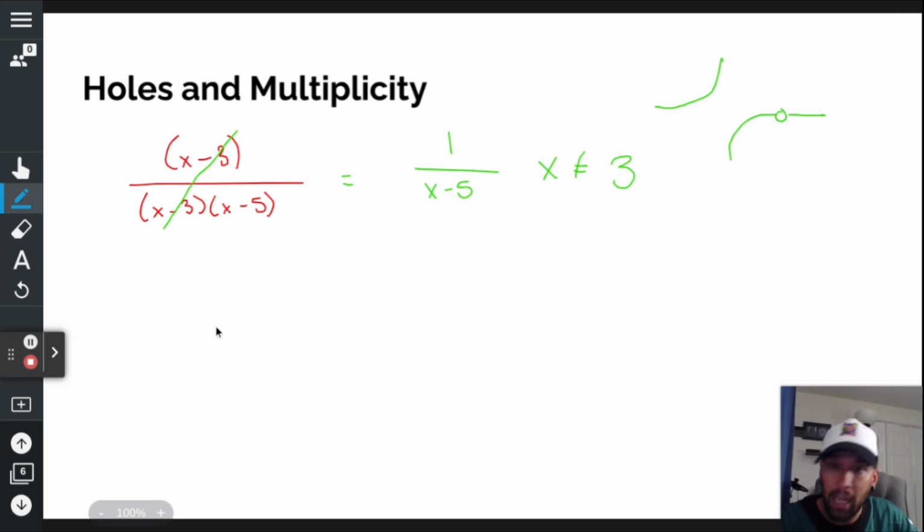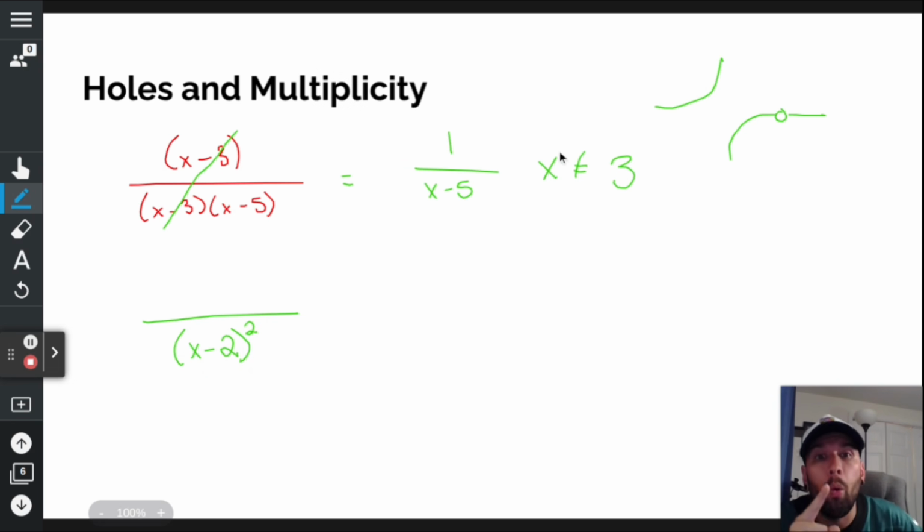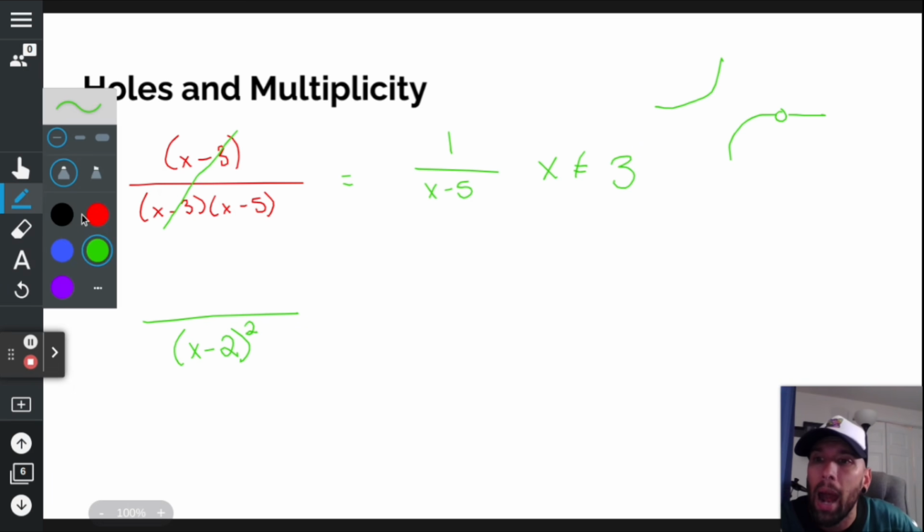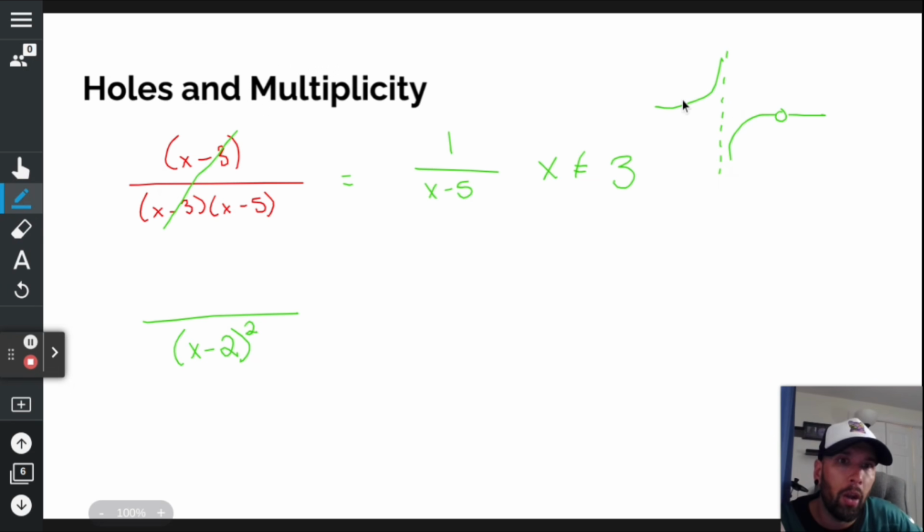Now, let's just say that somewhere in the problem, I have something like this, x minus 2 squared. That implies multiplicity. What we had up here is we were expecting things to go wacky at 5, which makes my picture not accurate at all. That hole should have been over there, but you get the idea. This wackiness happened at x equals 5, mainly because x is not allowed to be 5.